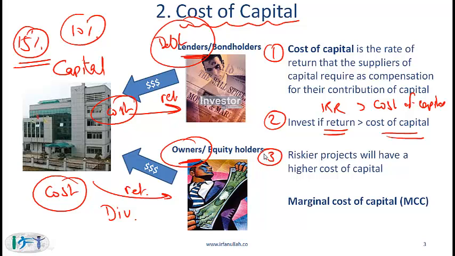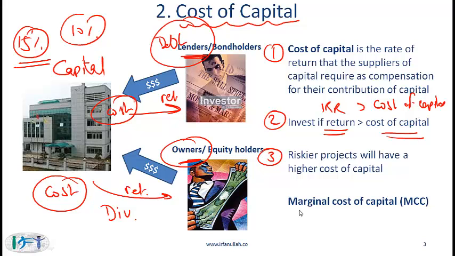The third major point on the slide is that riskier projects will have a higher cost of capital. This is something we'll discuss later, but it is a core concept in finance that low risk projects will have a relatively low cost of capital and higher risk projects will have a higher cost of capital.